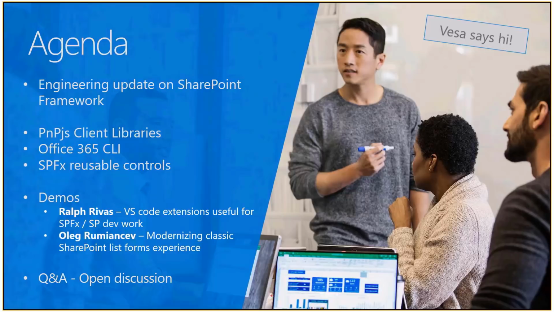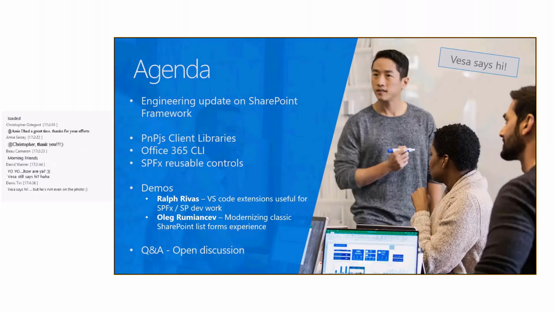Then two great demos: one from Ralph discussing some good VS Code extensions that really help out with the SPFx and SPDev work, and then Oleg has a great demo on some tooling around modernizing classic SharePoint list forms.